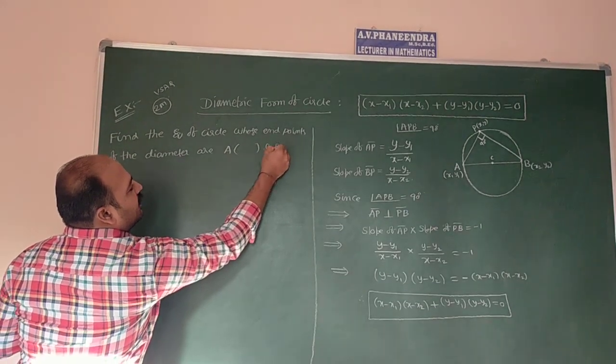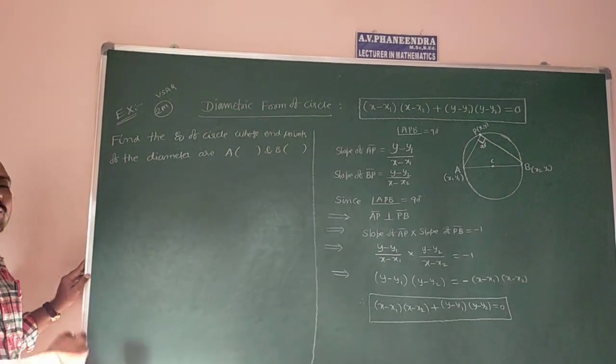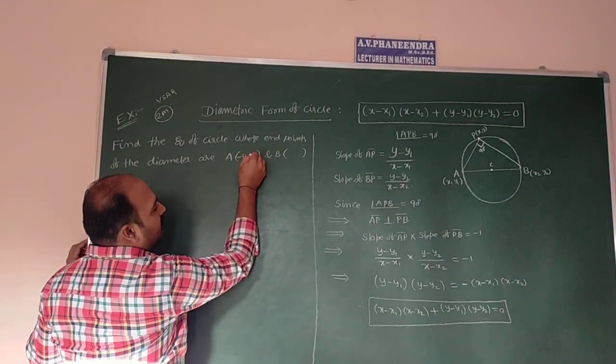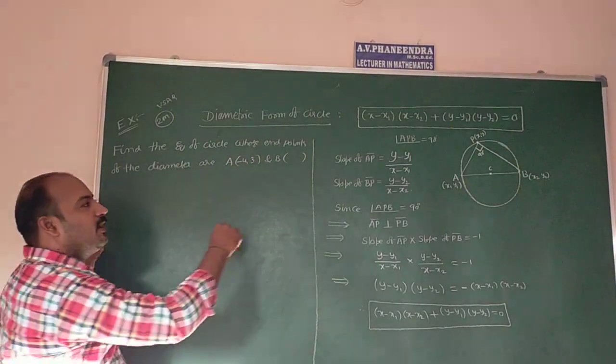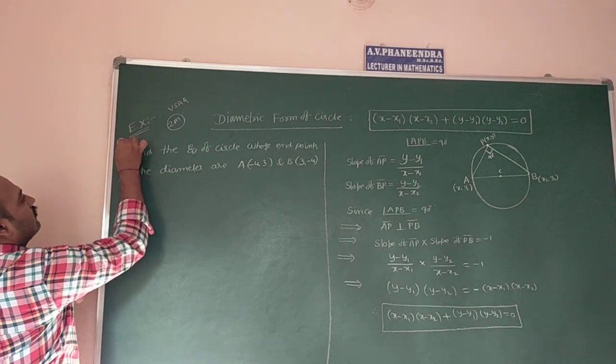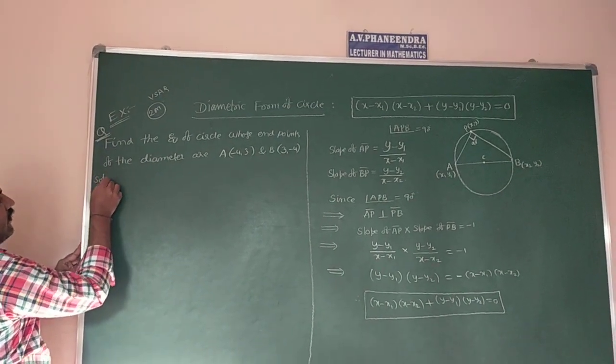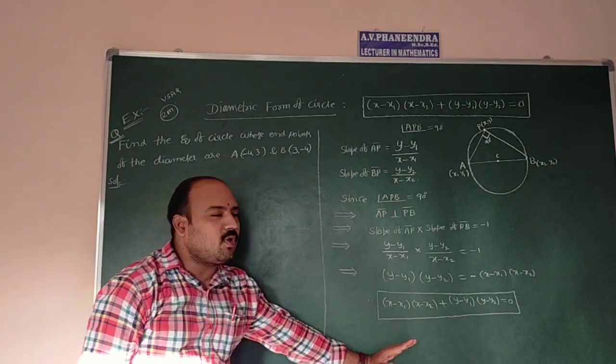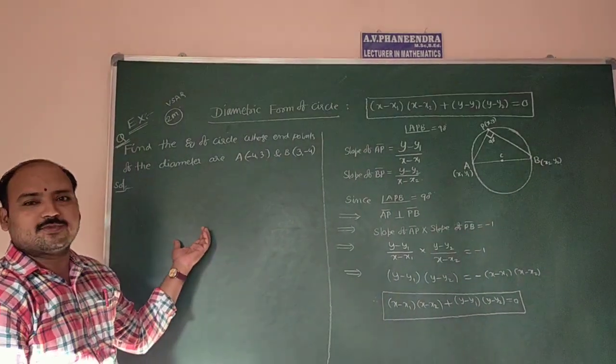Here we are mentioning A and B. One point is minus 4 comma 3 and another point is 3 comma minus 4. This formula we are going to apply to get the equation of the circle.